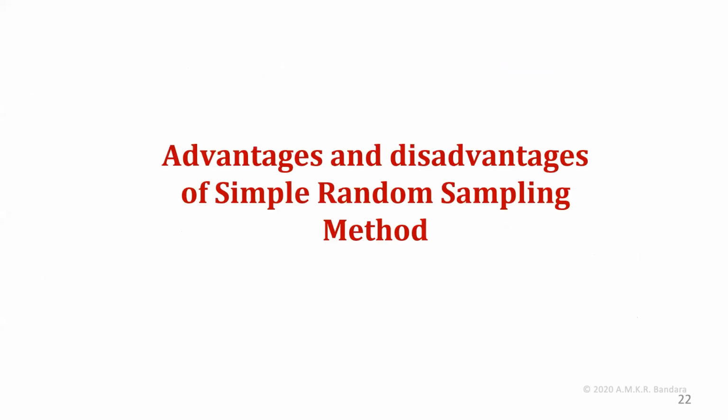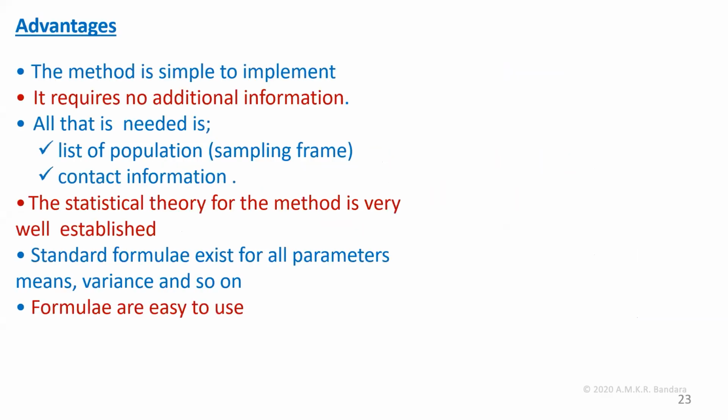So the advantages and disadvantages of the simple random sampling method. Advantages: the method is simple to implement and it requires no additional information. That is, we don't need additional information on gender or some other variable. All we need is a list of the population and their contact information.